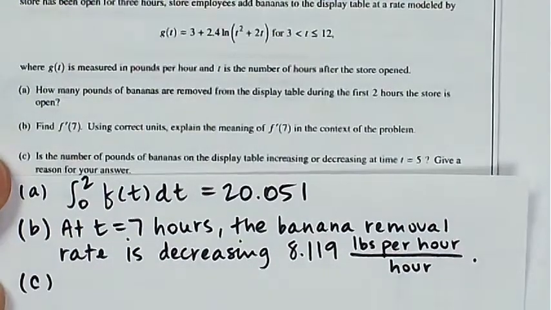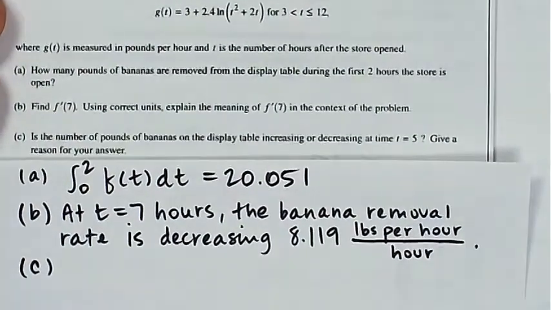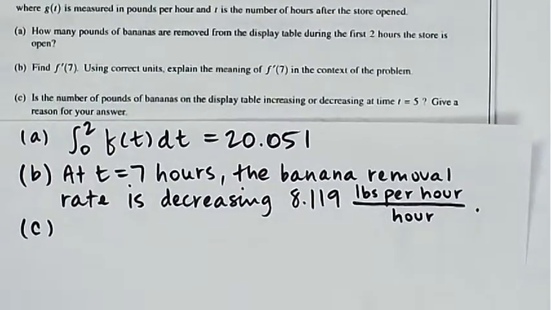part C is: is the number of pounds of bananas on the display table increasing or decreasing at time t equals 5?